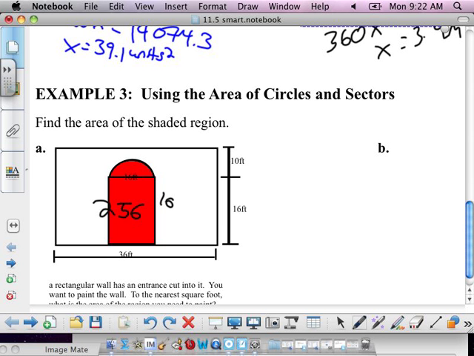There are two ways to do this. I would just find the area of the circle and divide by 2. We know the diameter is 16, so the radius would be 8. So pi times 8 squared, and we're going to divide it by 2. So we get 64 times pi, and then we just divide it by 2, which gives us 100.53.